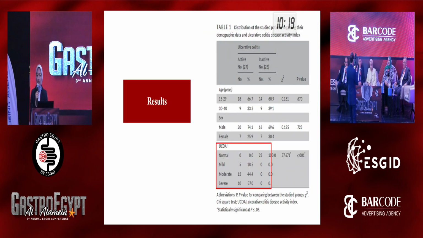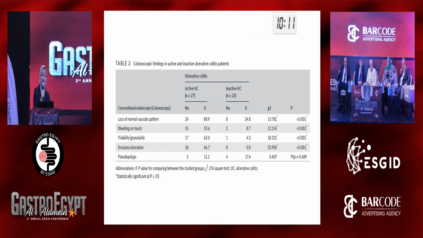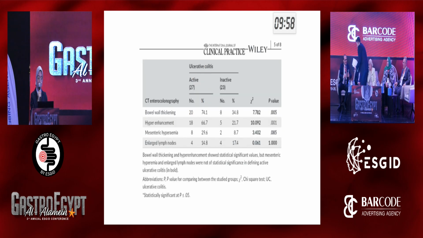Our results: out of the 50 patients, about 27 were active cases, and only 23 had inactive disease. Regarding colonoscopic findings, loss of normal vascular pattern, bleeding on touch, friability, and erosion were significantly prominent in patients with active UC in comparison to inactive cases.